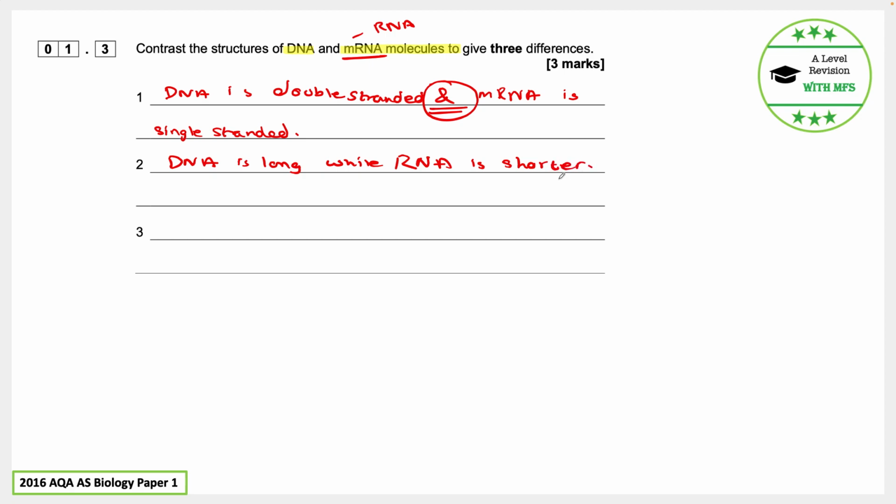Okay, what we can also say is that DNA contains thymine while RNA contains uracil. Okay, we are just comparing the structures of DNA and mRNA molecules.